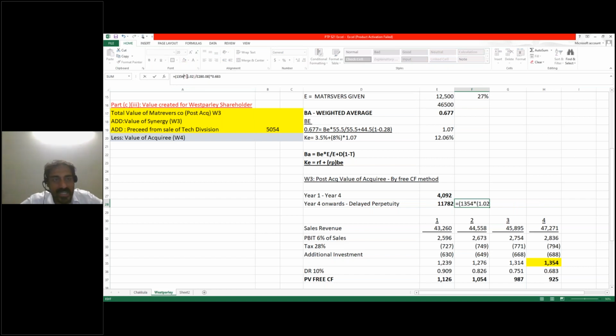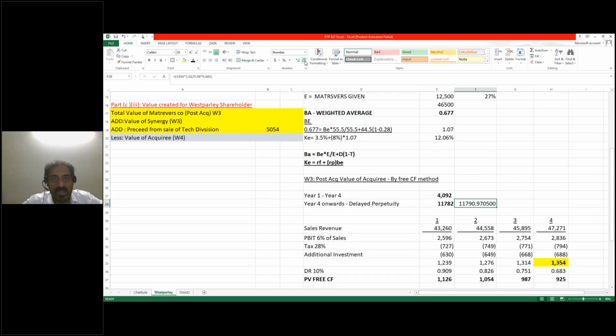That simple bracket, 1.02 divided by 0.08, and that is the answer. You can check in this way. Okay, class.